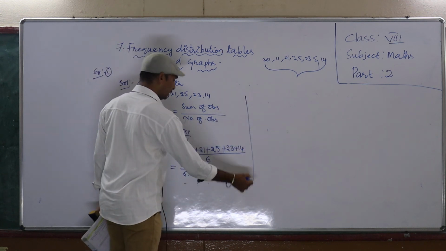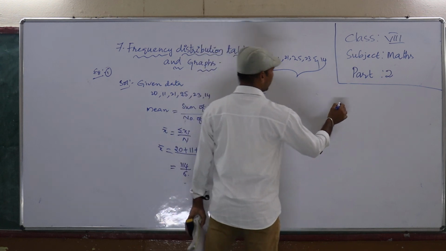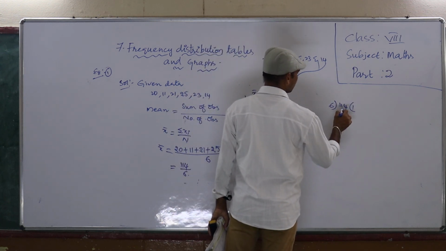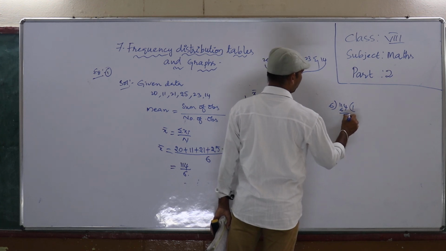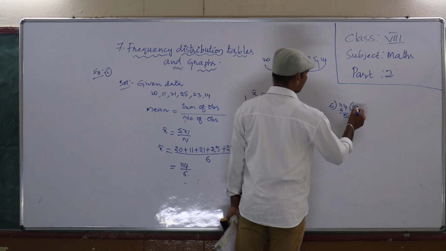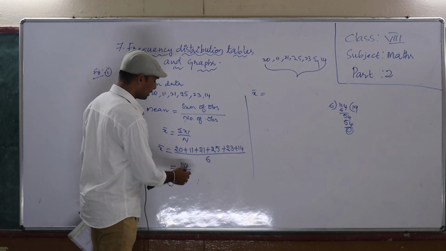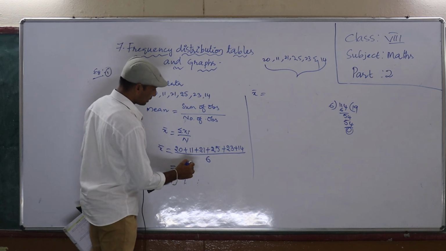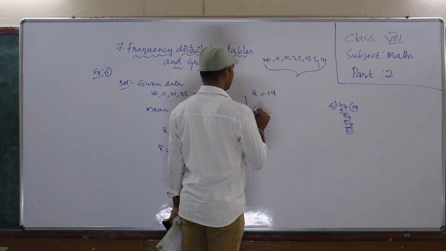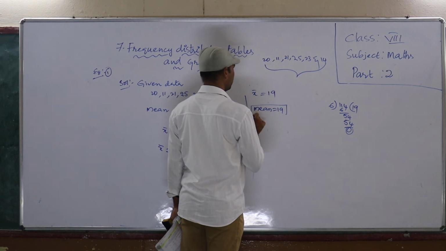Then if you cancel here, x bar is equal to what will we get? 114 by 6. 6 ones are 6, 6 nines are 54. 6 ones are 6, 6 nineteens are 114. So 19. Nothing but mean is equal to 19.